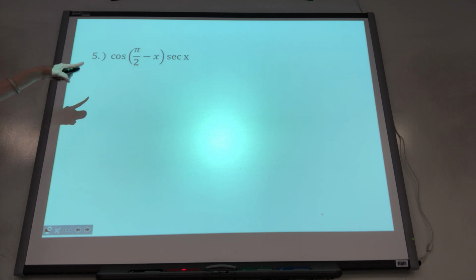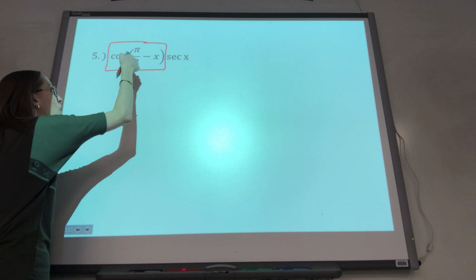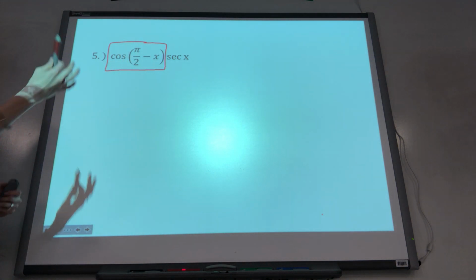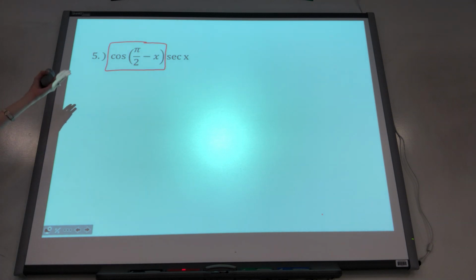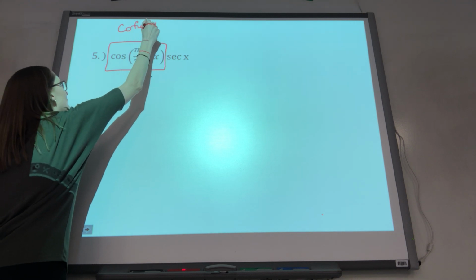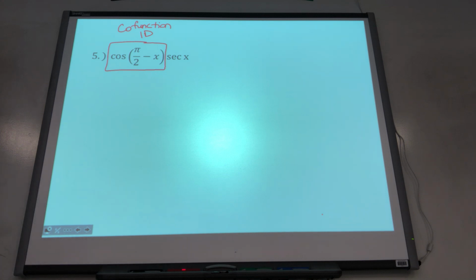Now, I like what I see right here because anytime I see pi over 2 minus x or pi over 2 minus theta or anything with pi over 2 in it, that should match up to one of our cofunction identities. And there's several of them on there, but what does cosine of pi over 2 minus x equal?